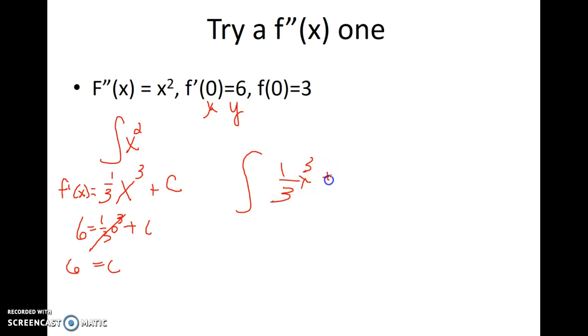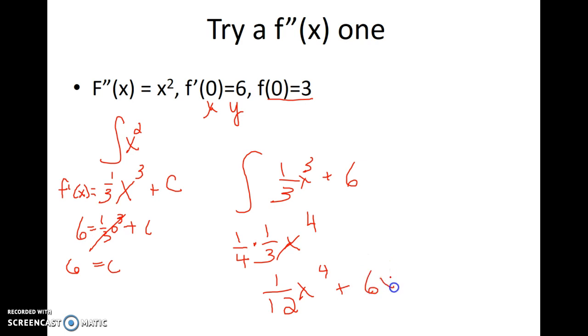Again, this is the first derivative, so we're going to integrate again and then use the other initial condition that they gave us. Adding 1 to the power gives me a 4. Now I already have a third out there, and I need to divide by my newest power. So now I have 1/12 x to the 4th plus 6x plus a constant.